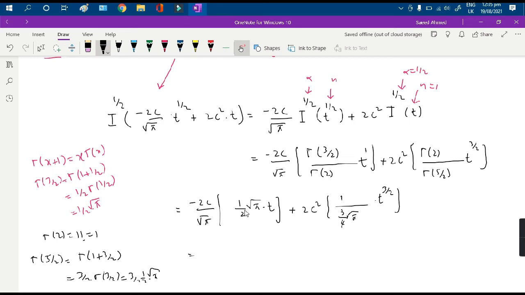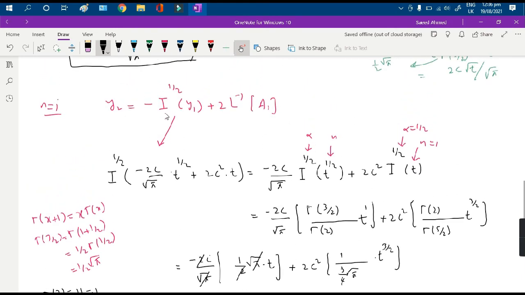And this becomes finally, these two cancel out, this cancels out this one. So we have minus ct from the first term, and for the second, this 4 becomes in the numerator, so 4 times 2, 8. So this is 8 c square over 3 square root of pi into t to the power 3 by 2. This is my first term.